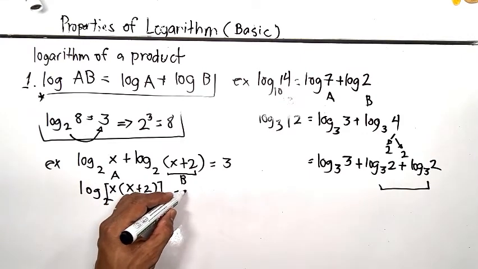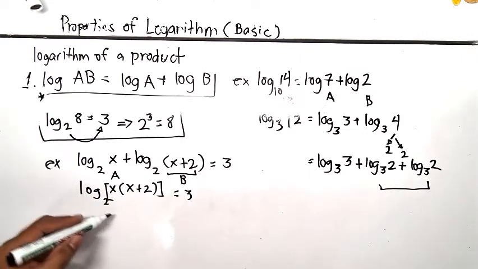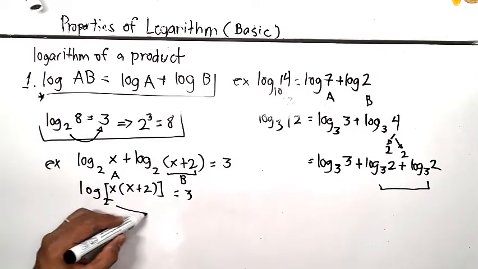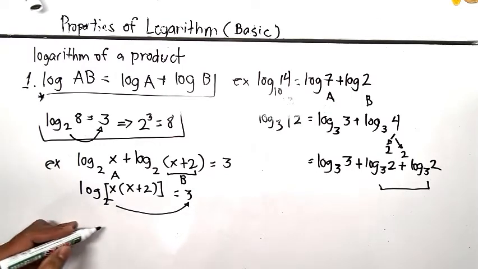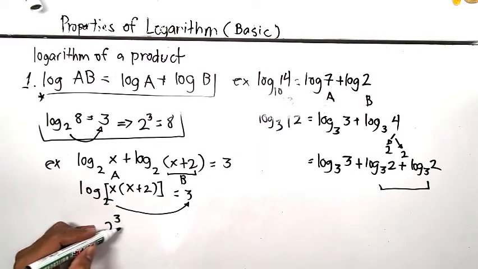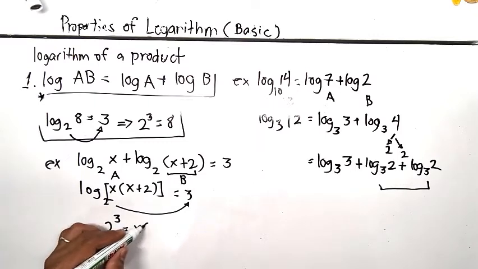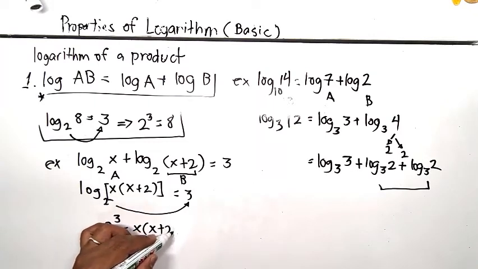That should be equal to 3. Now let's apply the second rule, and rewrite this as an exponential expression. So 2 raised to 3 is equal to x times x plus 2.